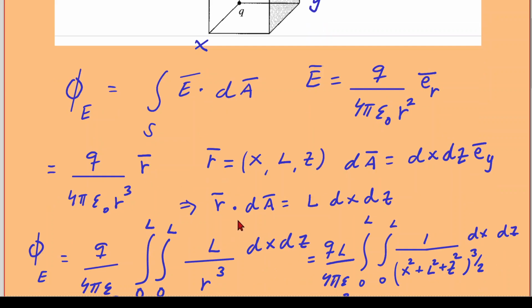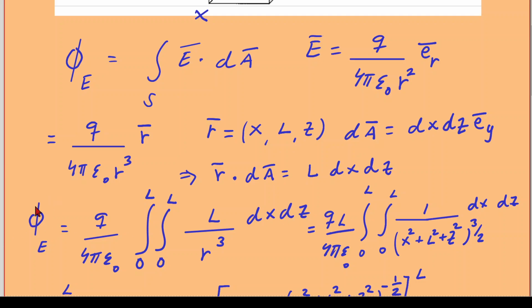So let's look at this, r dot dA. This times the x component, there is none here, right? It's the y only. So L times the y component, that's what you have here. And then the z component, but you don't have any. So that's 0. So all you get from the dot product is this thing here.